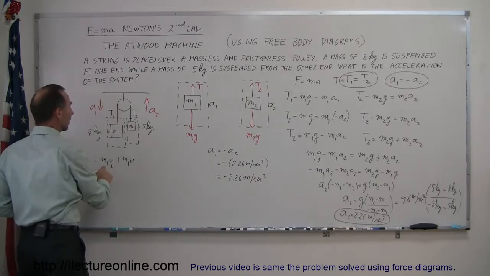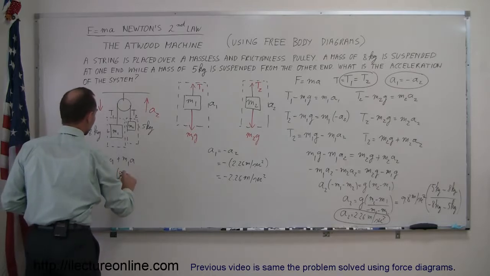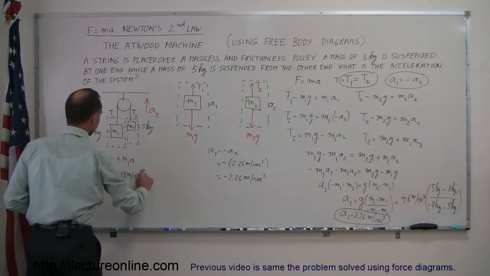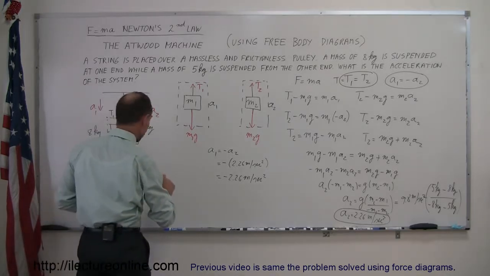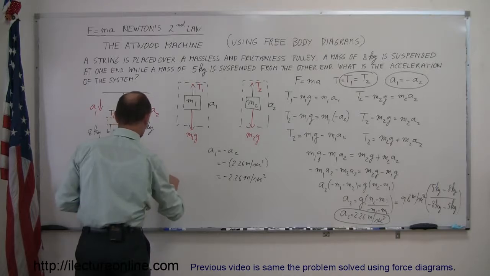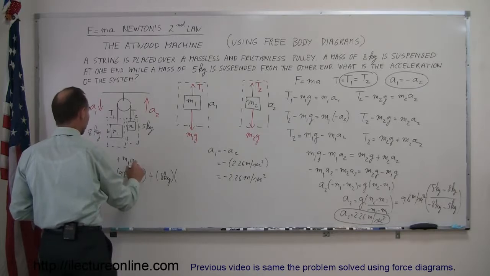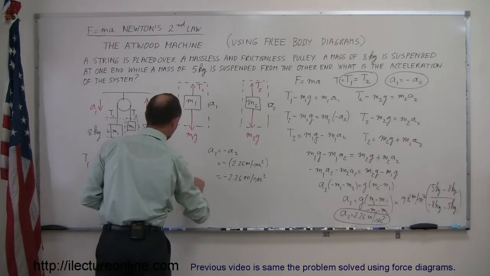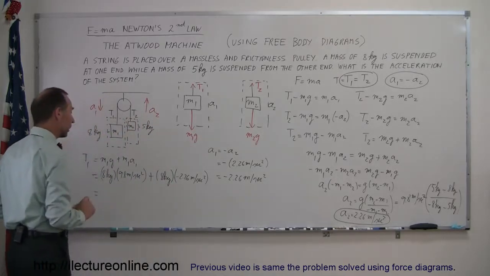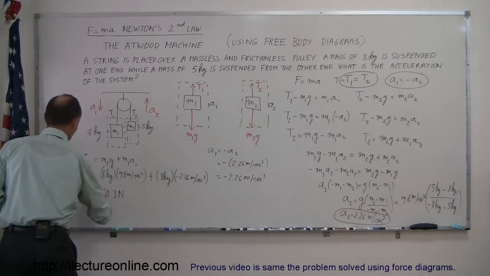M1 in this case would be 8 kilograms times G, which is 9.8 meters per second squared, plus M1, still 8 kilograms, times A1, and A1 is a minus 2.26 meters per second squared. And when we multiply that out, the answer is 60.3 newtons on tension 1.